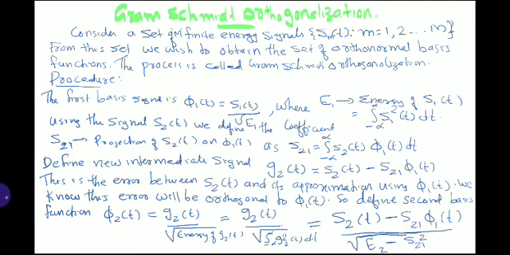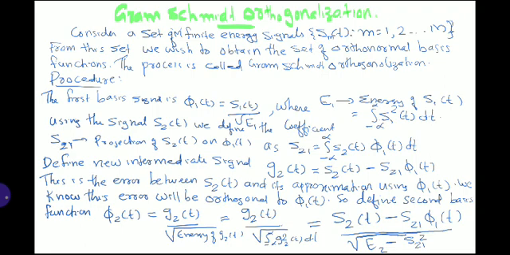So consider a set of finite energy signals, capital M finite energy signals. Capital M is the total number of signals that we are considering. So represent it as s_m(t), where m varies from 1 to capital M. For this set, we wish to obtain a set of orthonormal basis functions.